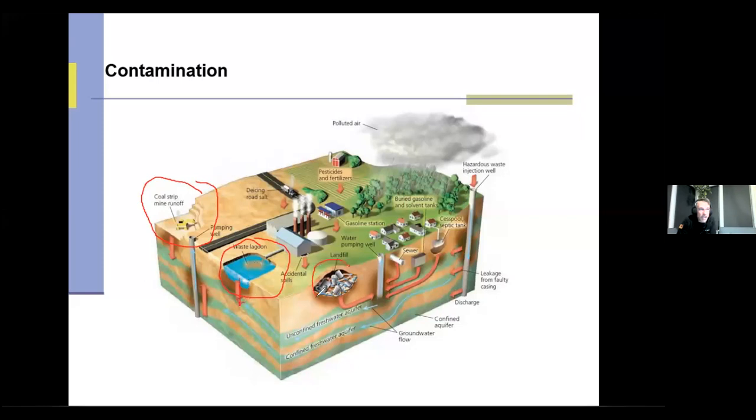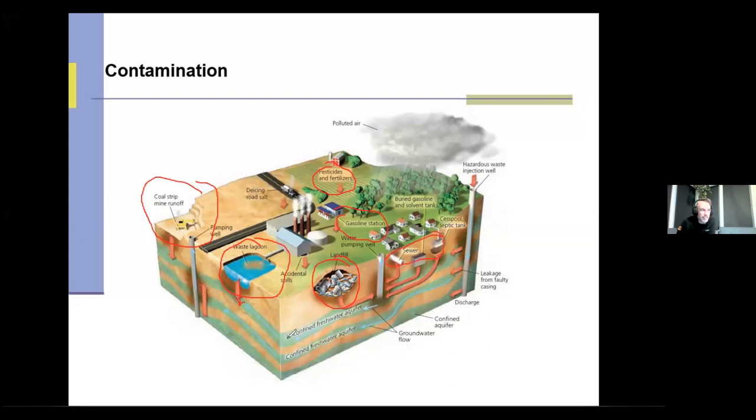Also buried garbage or landfill in the ground. One is fuel, like gasoline stations, petrol, all that kind of stuff. Farm here, pesticides and fertilizers, all that stuff, even sewers, anything like that. Anything that's buried.